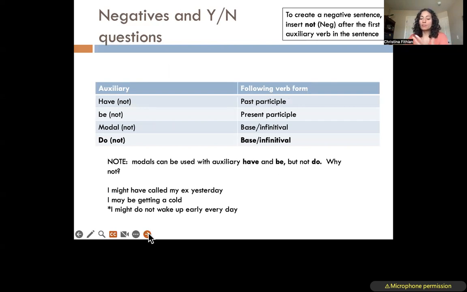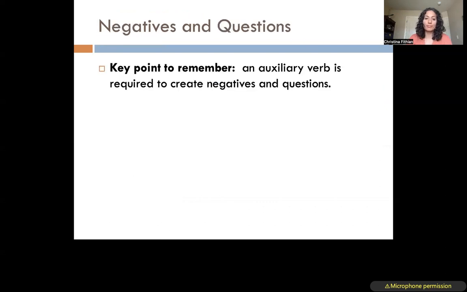So the same thing that applies to negatives applies to yes/no questions. If you have auxiliary do, the following verb form in a yes/no question is going to be in base or infinitival form. And so again, I just want to reiterate this key point that we need to remember: an auxiliary verb is required to create negatives and questions.